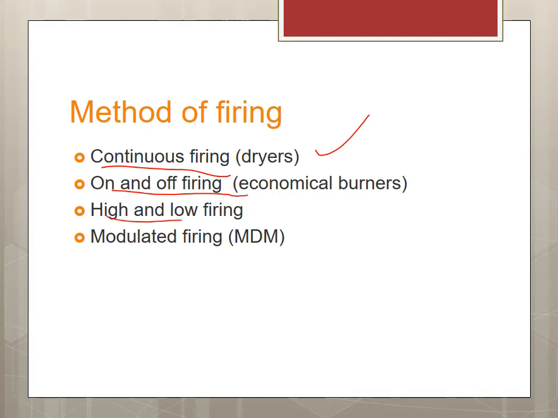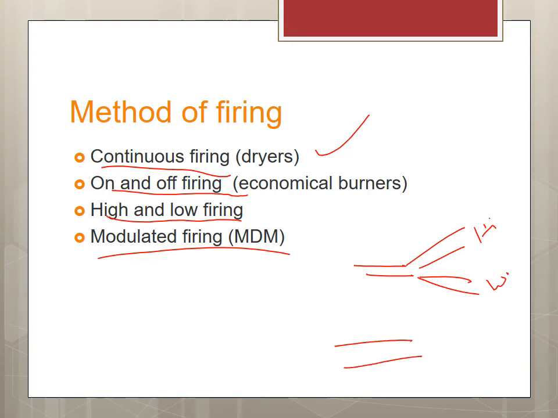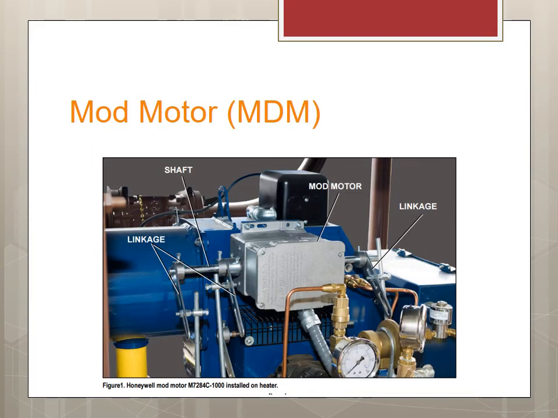Or we can have a high and low firing rate, so we can have a boiler with high and low settings, and we can modulate between those two, so it doesn't have to be off completely, just a little bit lower. Or we can have an MDM, where we have the same nozzle and the same flow rate. It just goes from big flame to small flame. That's an MDM, called a modulating motor.